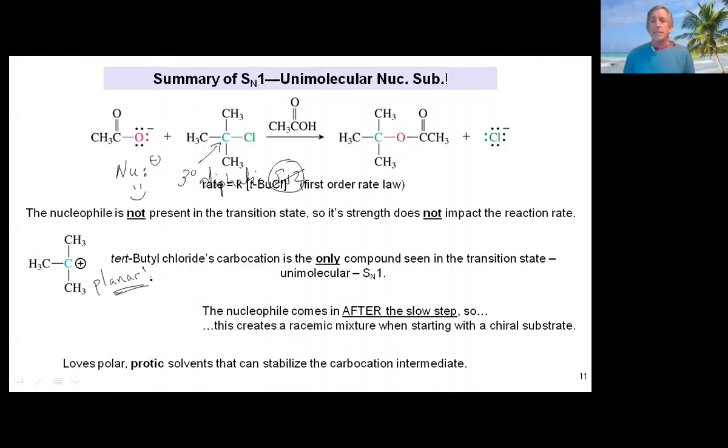And last but not least, if you were to pick a solvent to have this carbocation swimming in, would you want it to be nonpolar, aprotic, uncharged? Would that help? No. So here's another last key. If you look at some of the solvents that we decide to use for these SN1 reactions, they are very protic.